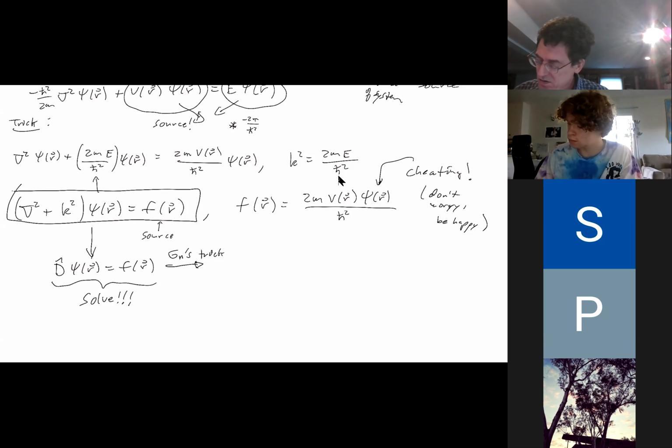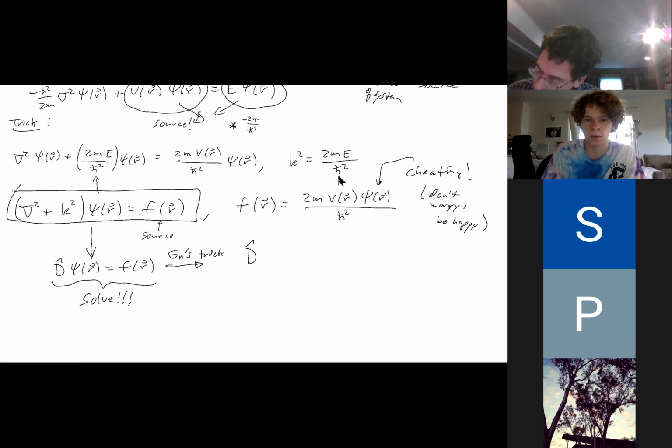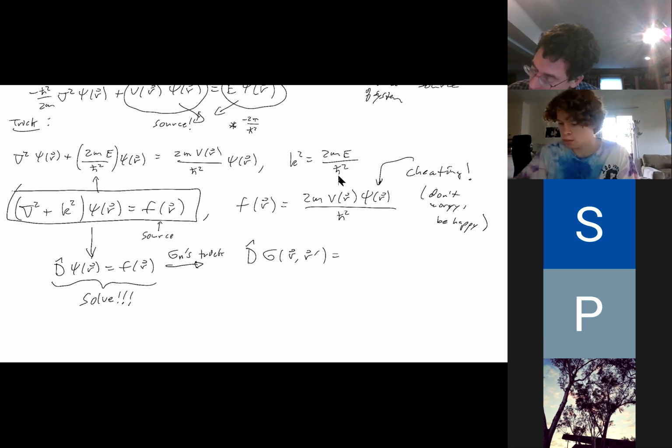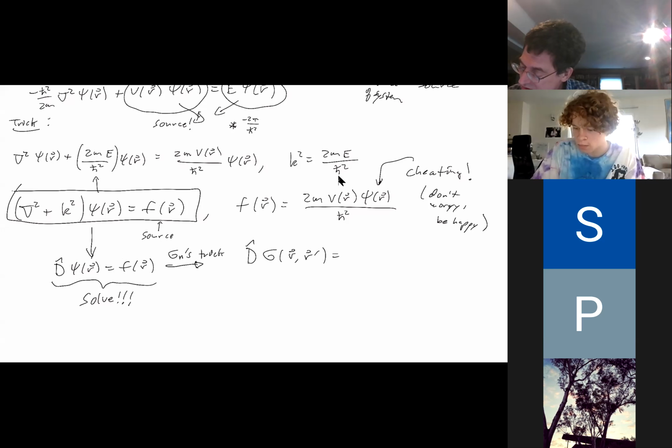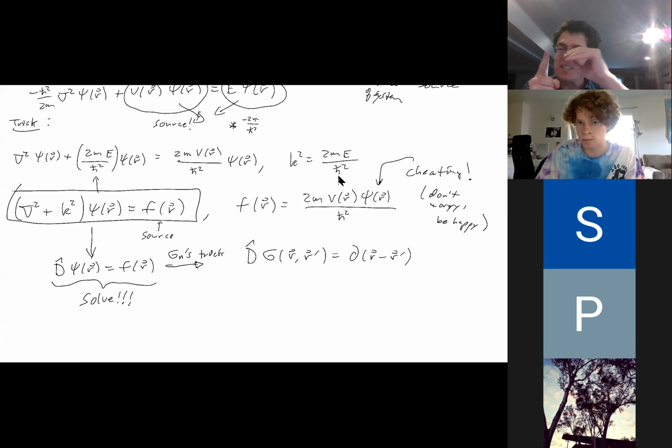So to do the Green's function trick, what's the next thing I've got to do? The delta function. Good. I need the differential operator acting on the Green's function to equal a delta function. It's basically like saying, if I have a delta function scatterer, how do my particles respond?